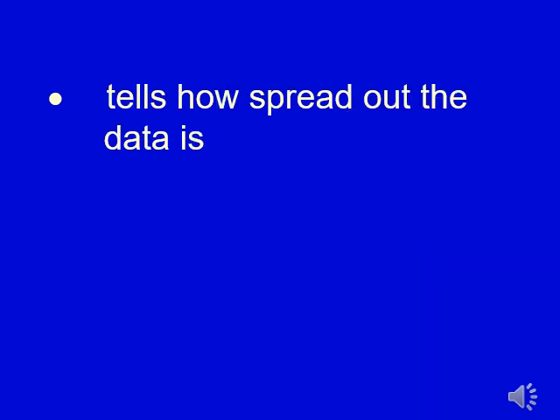Another important topic that comes up in descriptive statistics is how spread out things are. You can look at whether things are packed really close together or whether they're spread out over a wide area.